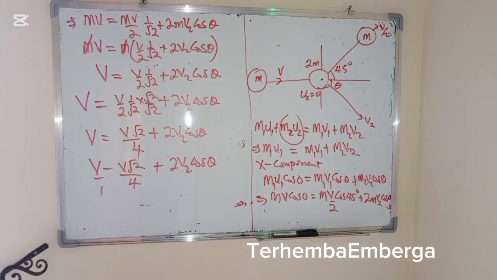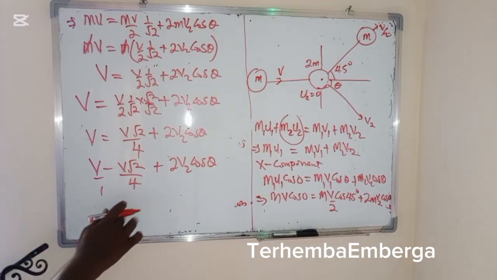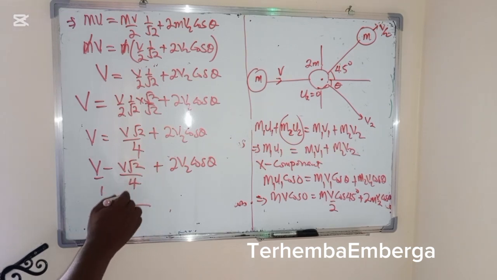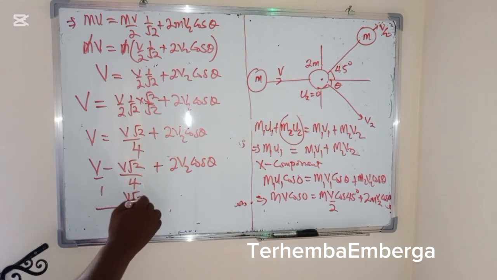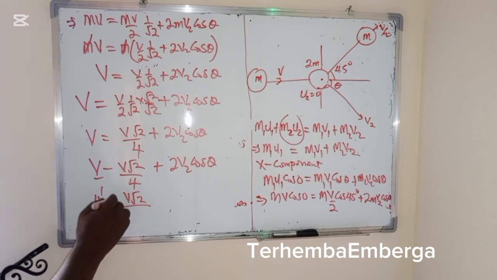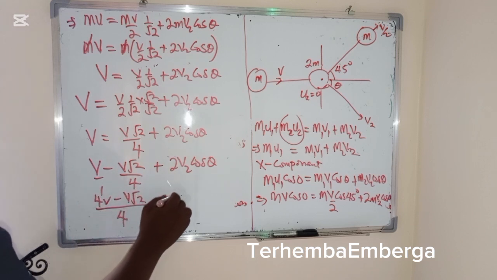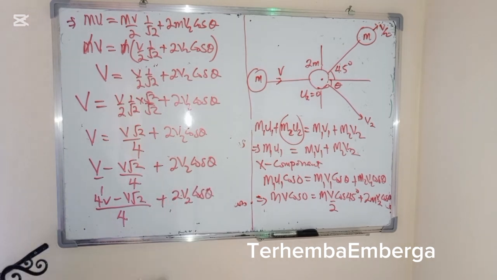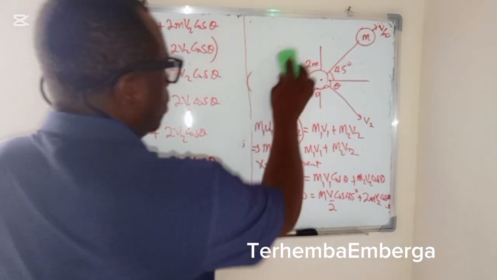So we take the LCM, and the LCM is 4. So we have 4v minus v root 2 all over 4 equal to 2 v2 cos theta.